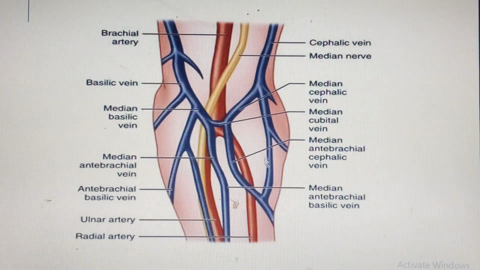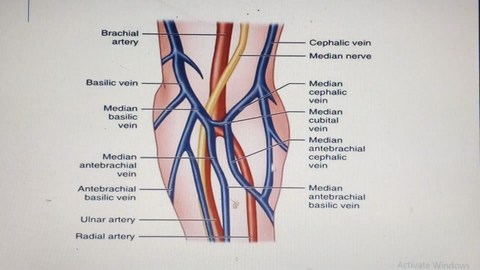Similarly, in the area of the forearm, more medially placed will be the basilic vein of the forearm, and similarly we have the cephalic vein of the forearm.